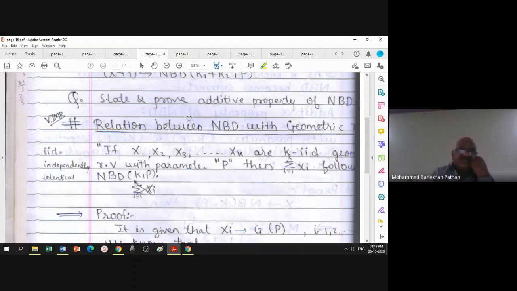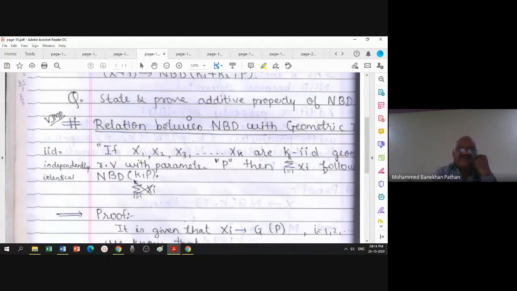Now let us compare with the NBD random variable. What is the NBD random variable? Number of failures before getting the kth success. That means instead of observing one success, we try to observe k successes. That is the relation between the geometric random variable and the negative binomial random variable.